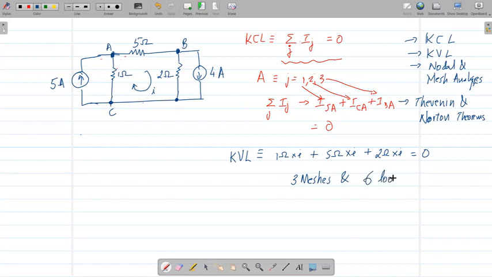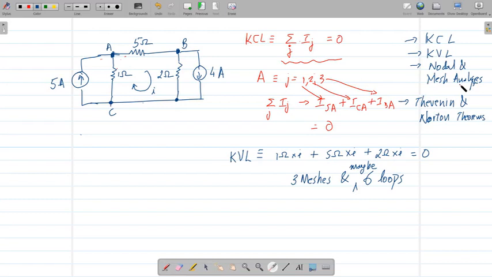But you can verify it yourself, maybe 6 loops. So KVL usually indicates that the sum of voltage drops across a loop is 0. When you do mesh analysis, like what we have written up here, then we'll actually form algebraic equations using individual meshes.